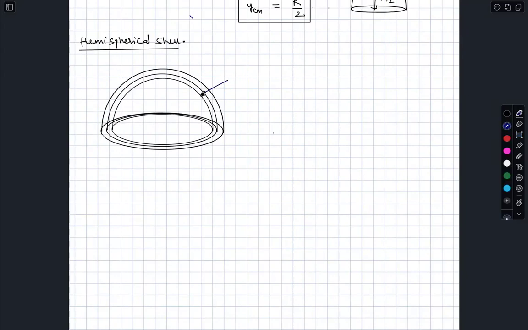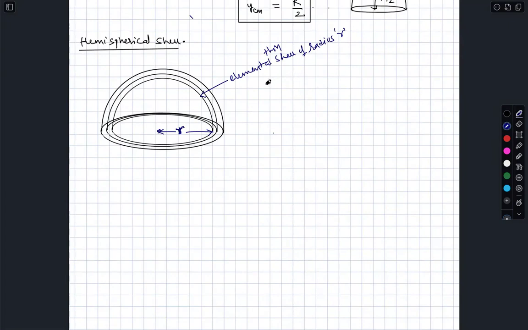You will do it like this: elemental thin shell of a smaller radius. Total radius is capital R. Radius is smaller.